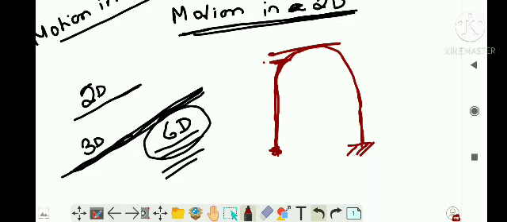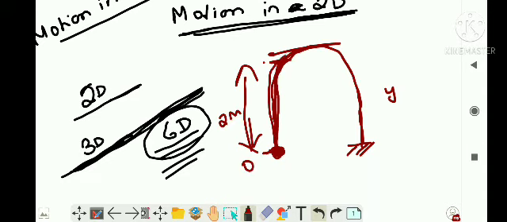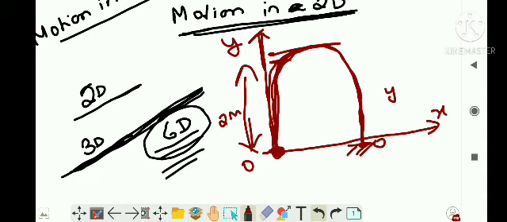But see, if you talk about the y displacement, this is 2 meter, and this is the initial point. In the y direction, obviously this position is again 0 if you plot it graphically like this. So this is y, this is x. If I take this point as 0, then this point is also 0 in y.